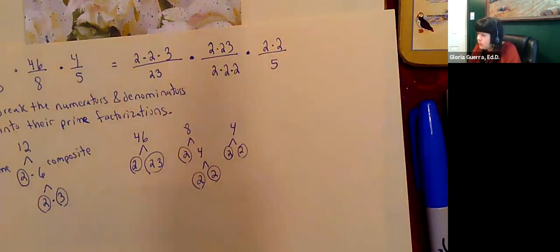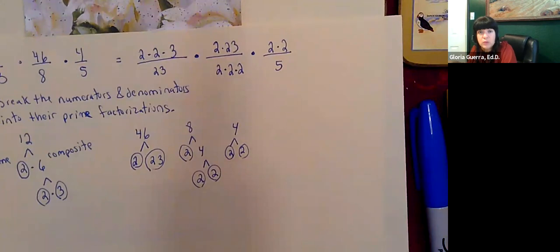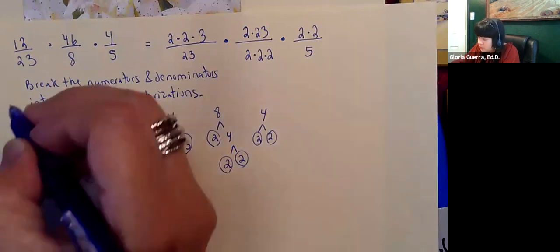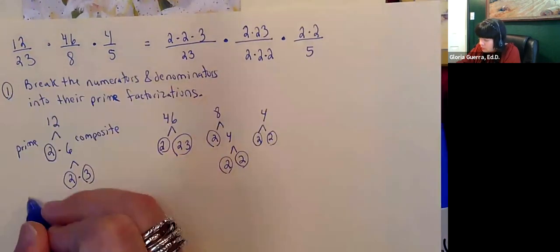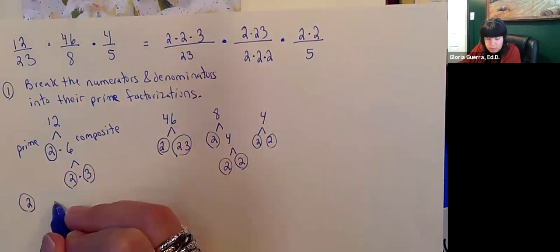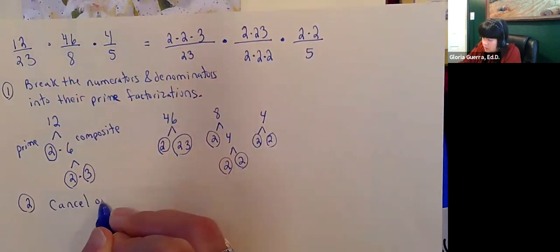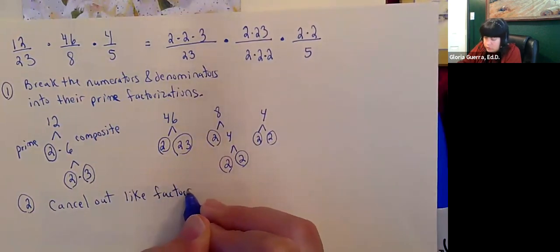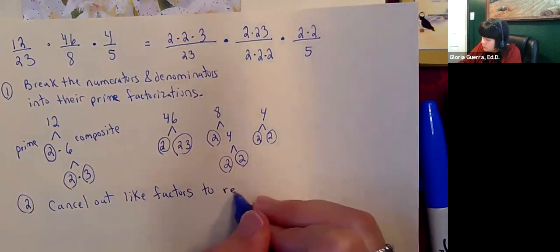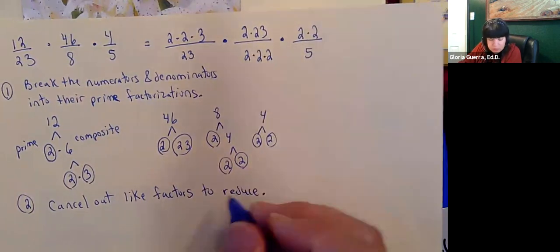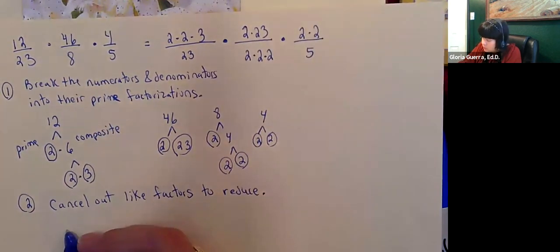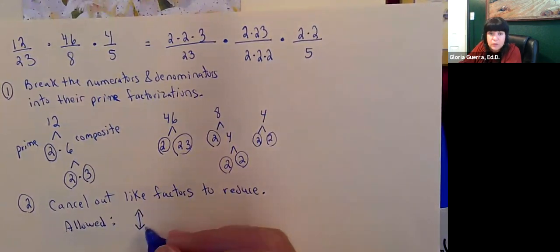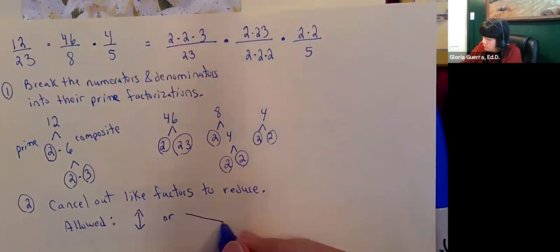Okay, so now when I try to cancel, I break the numerators and denominators into the prime factorization. So I did that. Okay, and then now I'm going to cancel out like factors to reduce. And when we cancel, what's allowed is you can cancel like factors up and down or diagonally.